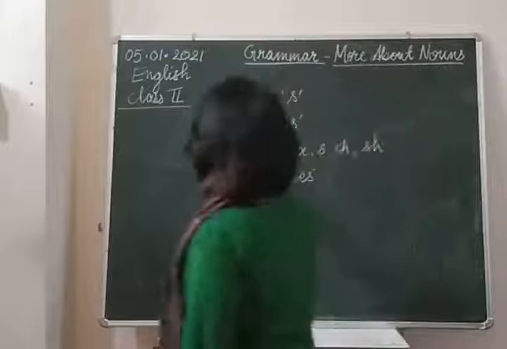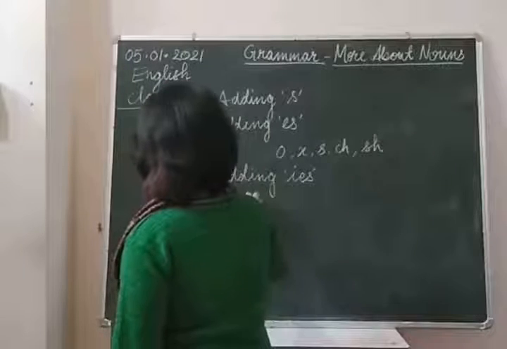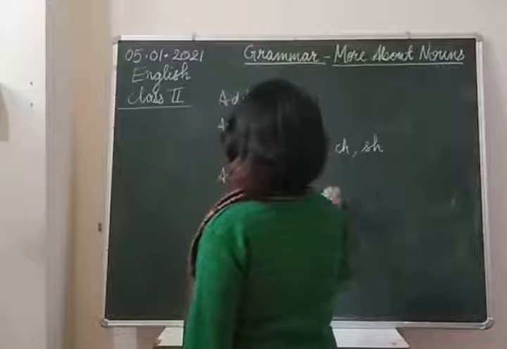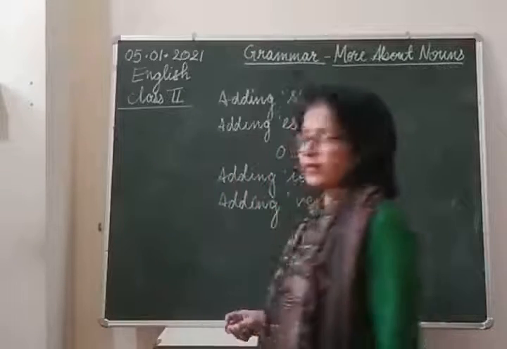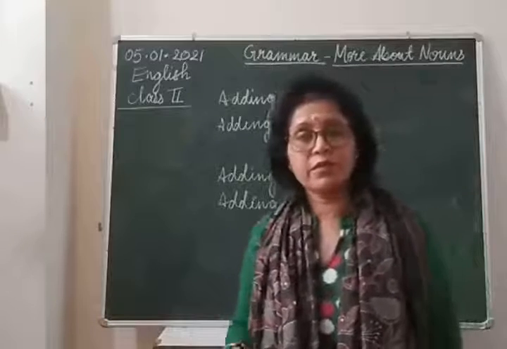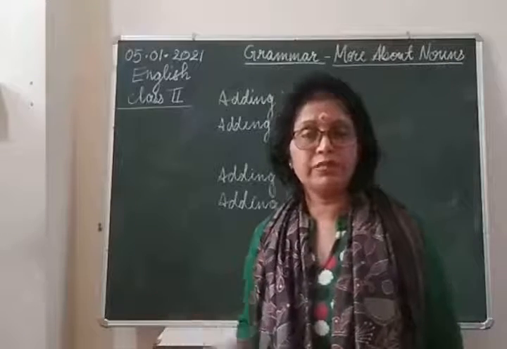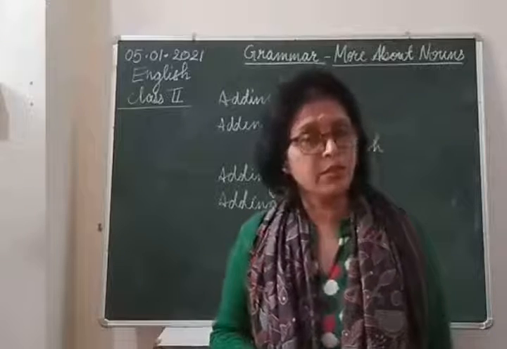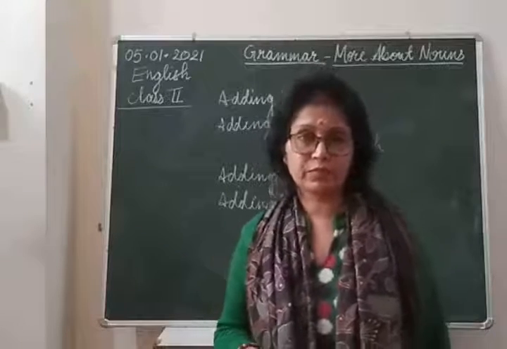Then another rule is adding ves. Now here also the same thing is applicable. You cannot add ves to any noun. Here also you have to check the spelling of the noun.